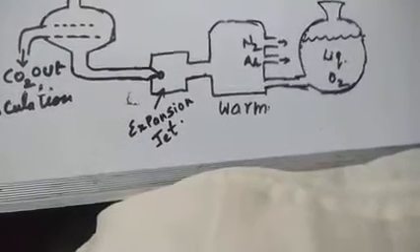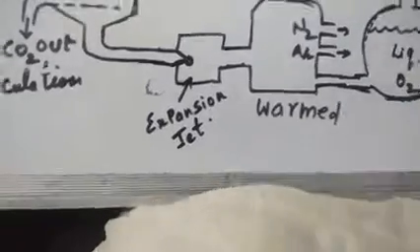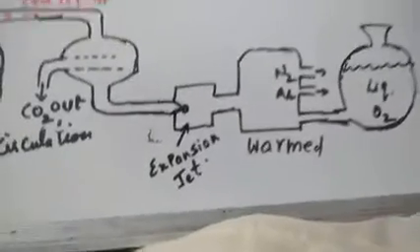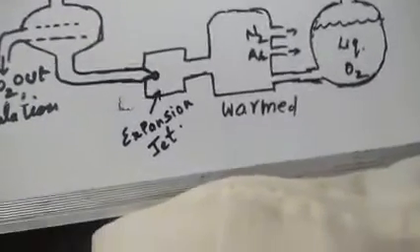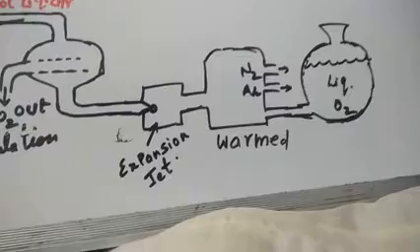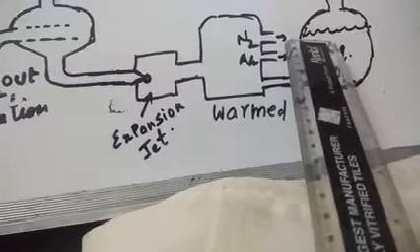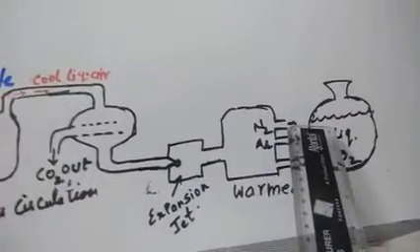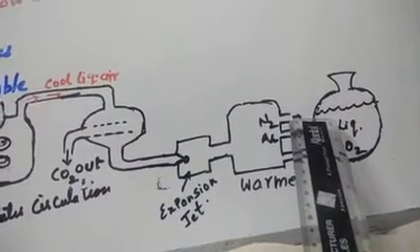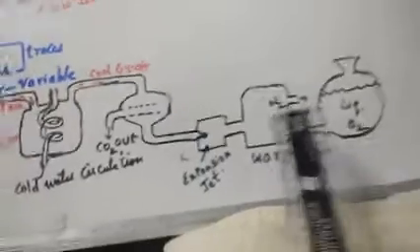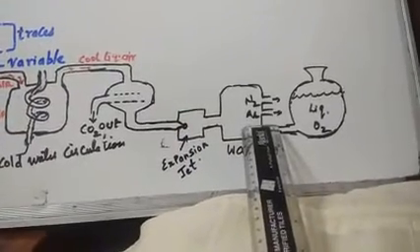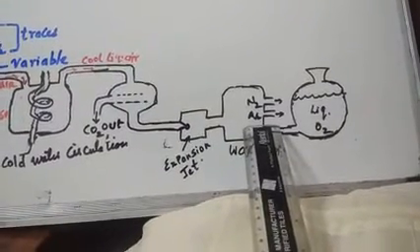As air is warmed slowly, the air starts boiling. Here we know that nitrogen has the least boiling point, so it will come out first. Boiling point minus 196, nitrogen comes out first, then argon secondly, minus 186 degrees Celsius.